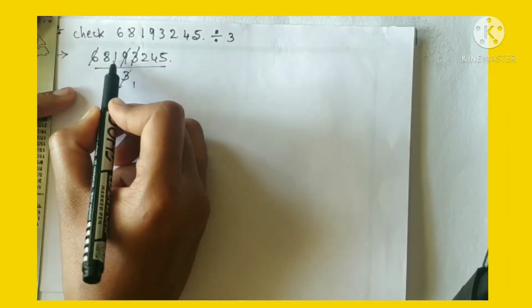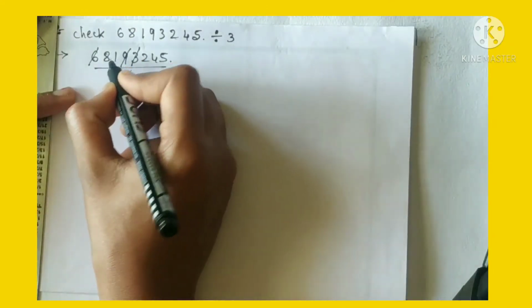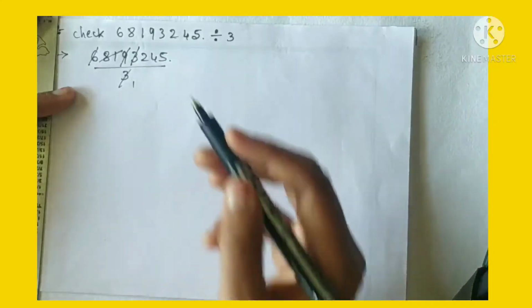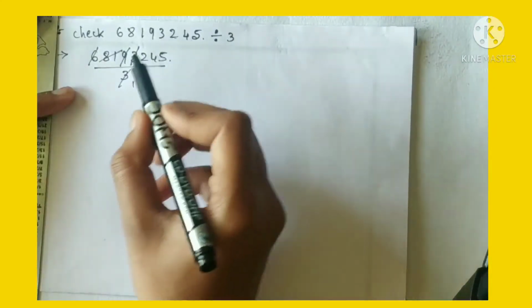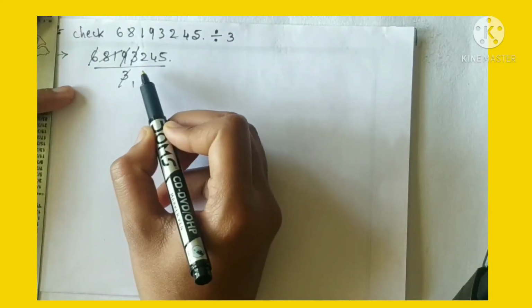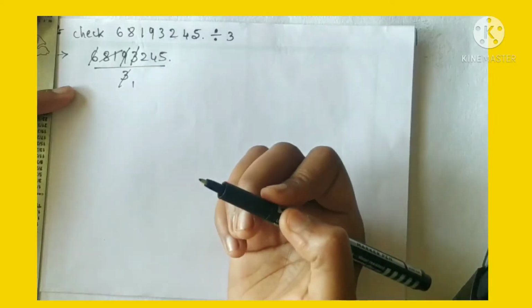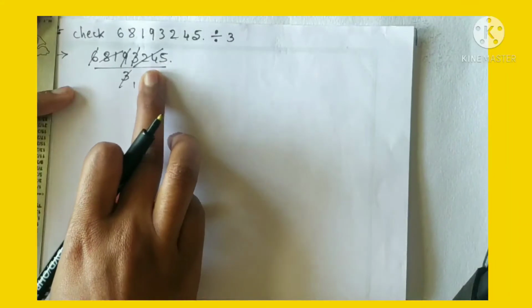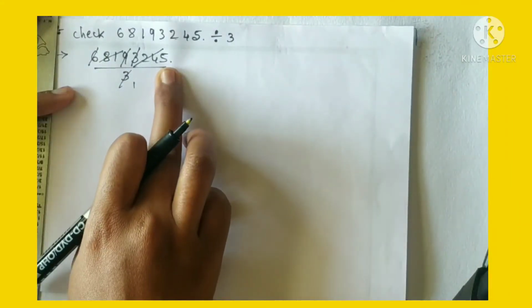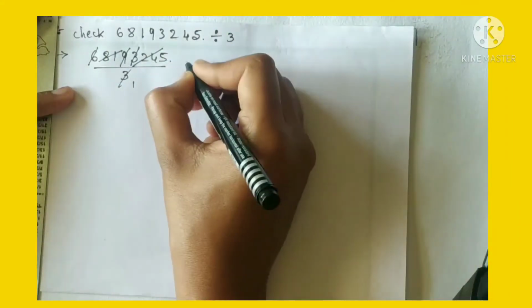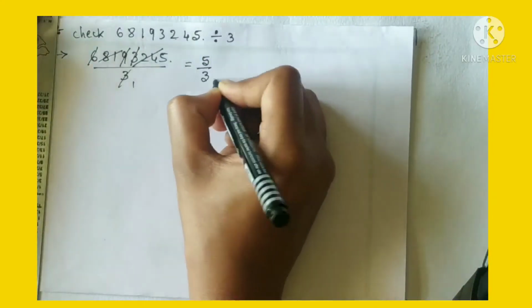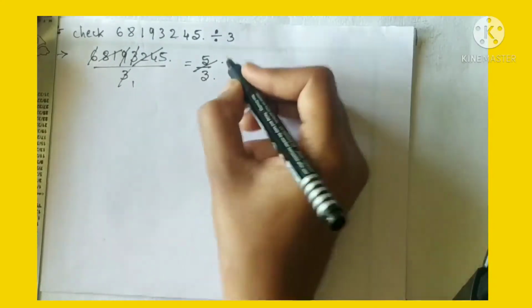Next I add the numbers which are divisible by 3. 8 plus 1 is equal to 9. So 9 is easily divisible by 3, so it is also cut off. Then 4 plus 2 is equal to 6. 6 can be directly cut off by 3. Then the remaining number is 5. 5 is not divisible by 3.